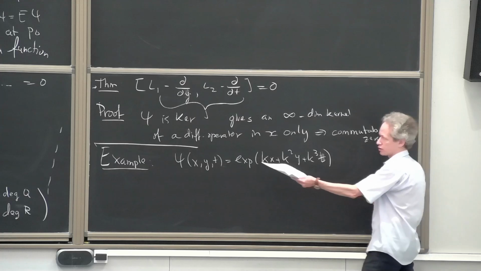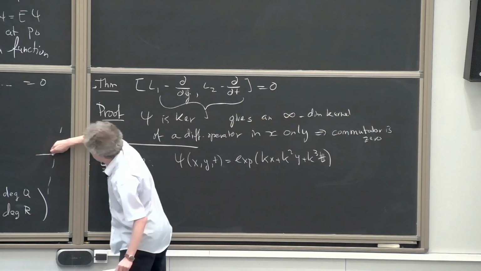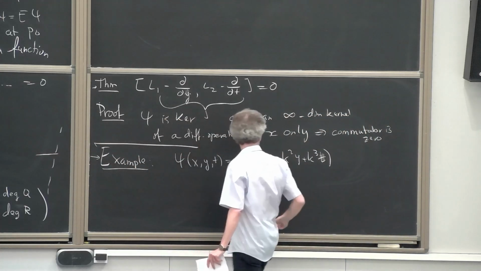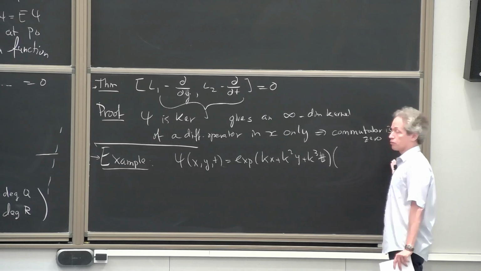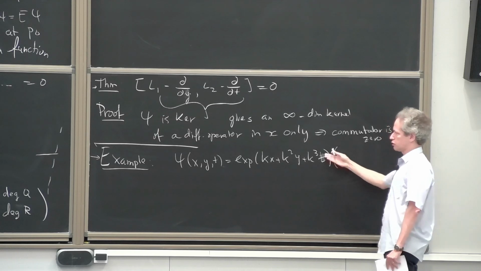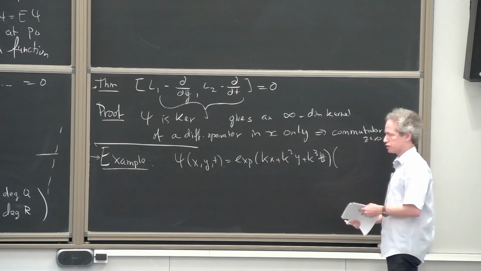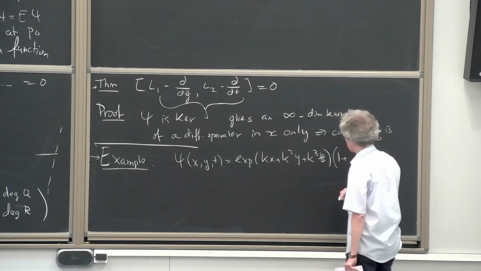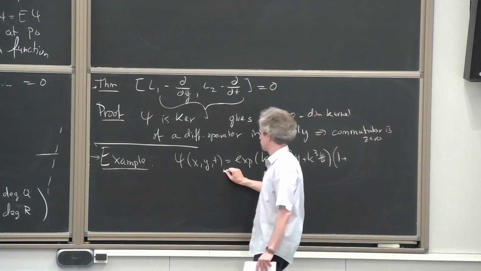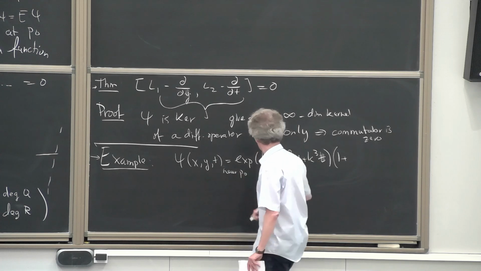This is the case I was considering here. Times something, right? What is this something? So I'm writing the expansion, if the word expansion made any sense, of a function around p naught with an essential singularity. So near p naught, right?